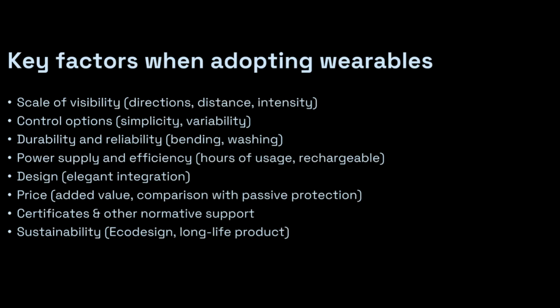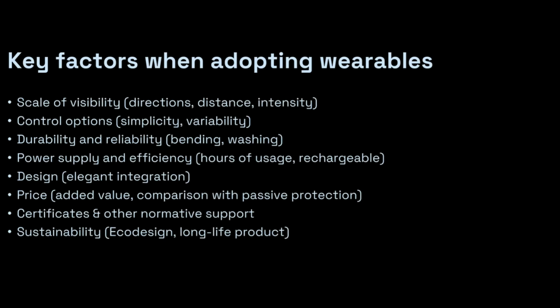I would like to share with you some key factors. This slide is summing up the 4 years of experience that we have in this field, of what the textile companies that are making the garments are looking for when they are adapting active technologies focused on lighting.